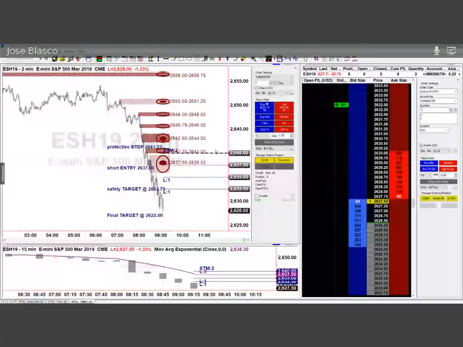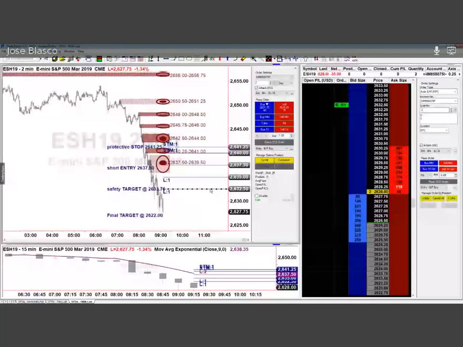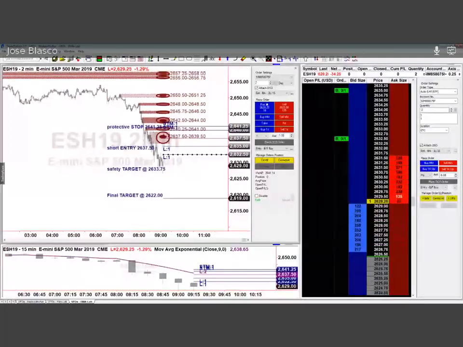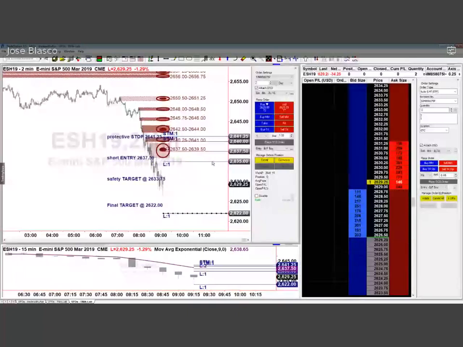Target 2, final target. We need to push it down to 22. Here we go. And finally, safety target needs to be 33.75. Which is right there.